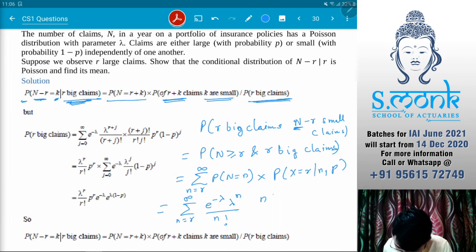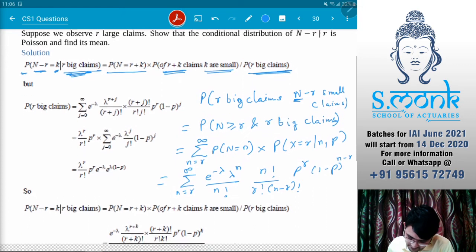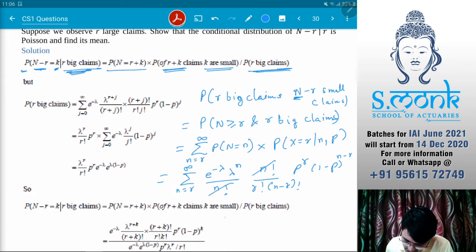So we'll have n factorial upon r factorial n minus r factorial, p raised to r, 1 minus p raised to n minus r. So n factorial cancels out.